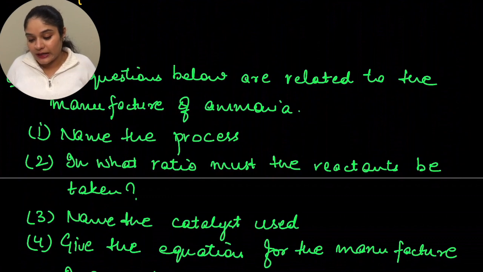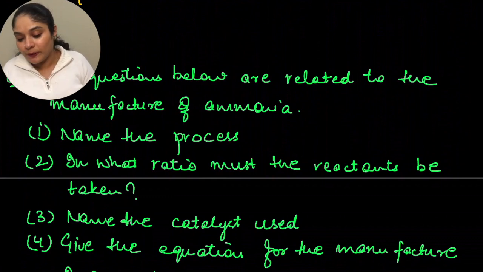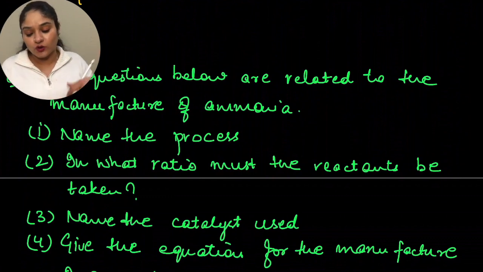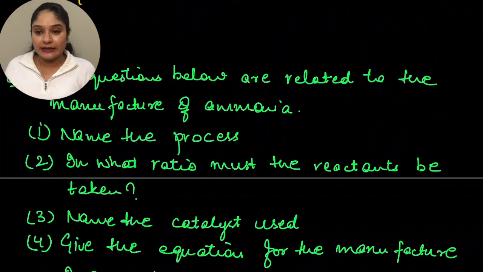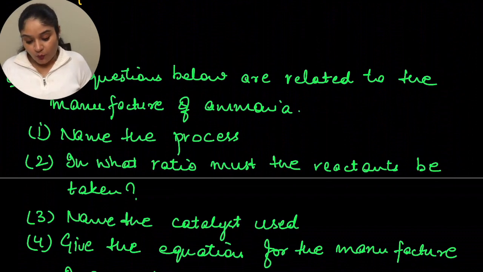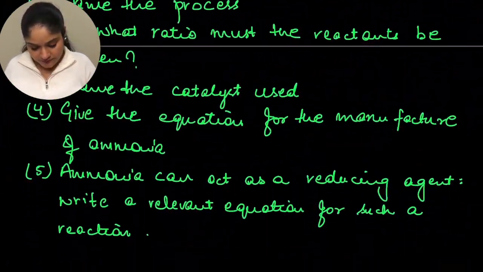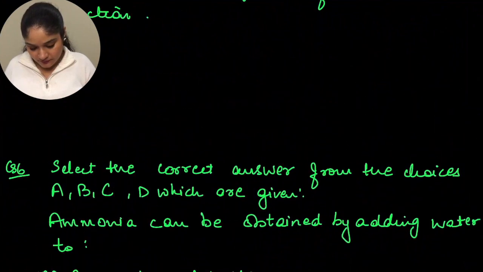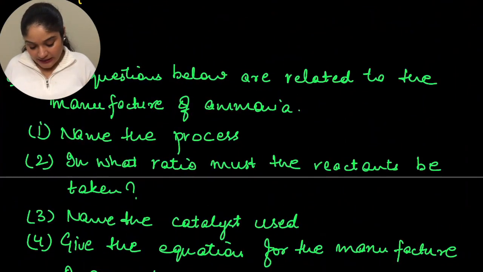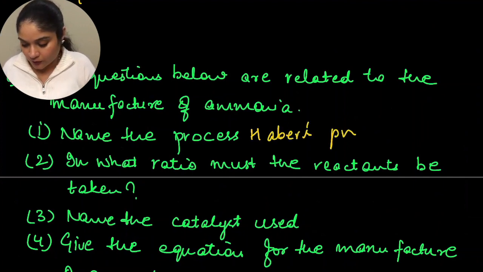The question says that the questions below are related to the manufacture of ammonia. The first is, name the process. That is Haber's process. So let me just write that here. Name the process, Haber's process.